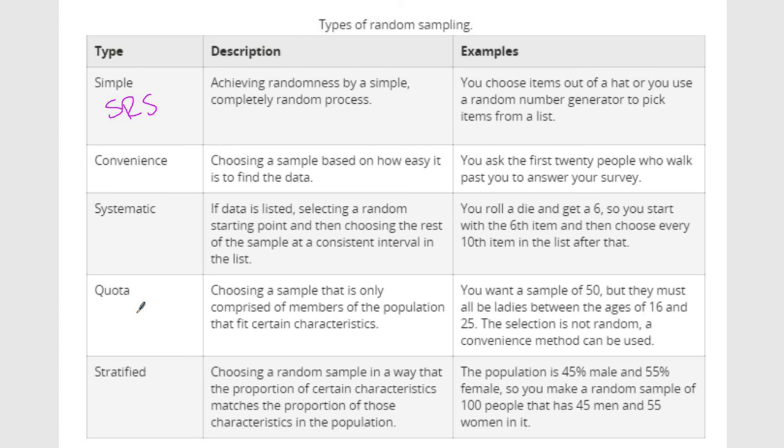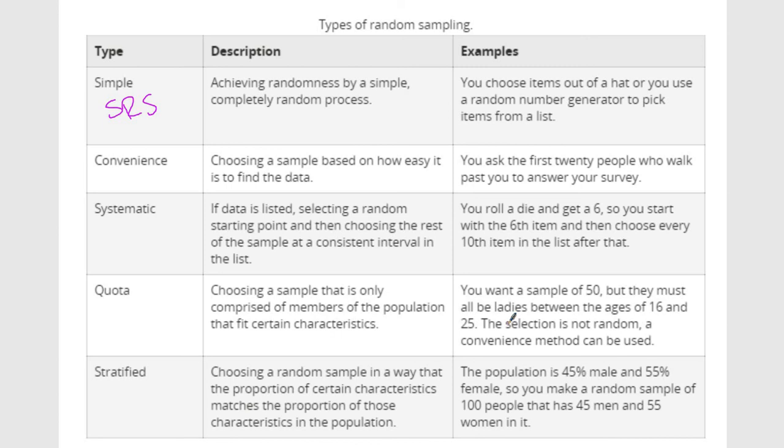All right, quota. Quota is getting certain characteristics. So maybe I want to see if a new lotion is better for your skin.